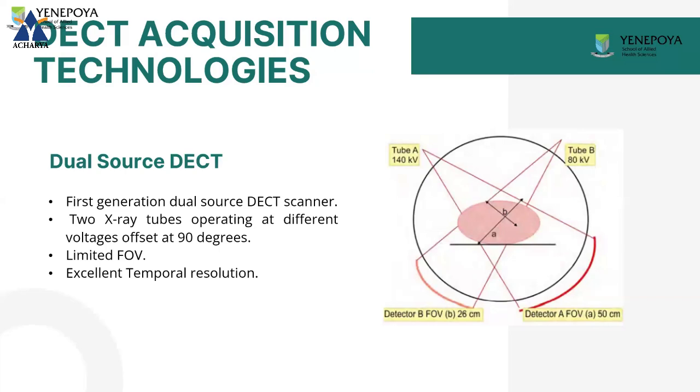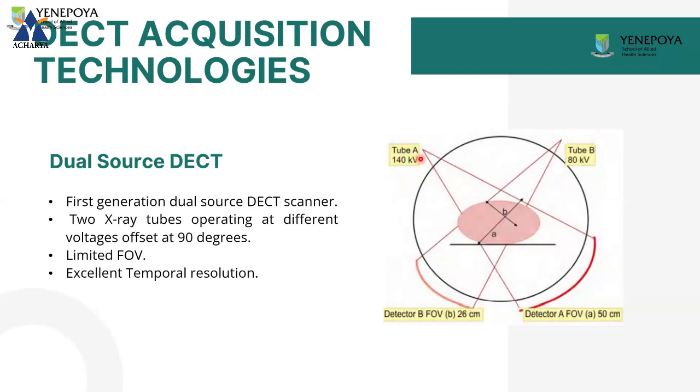The higher energy tube will be around 120 to 140 kV, and the lower energy tube will be around 80 to 100.